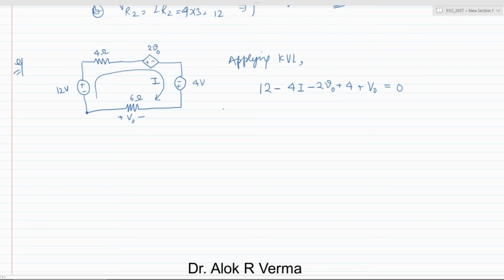Now applying Ohm's law, we know V naught is across this and the current passing is I. So V naught is what? The voltage is rising in the direction of current, which is taken as positive. It means V naught is nothing but 6I, right? V naught is taken as 6I.